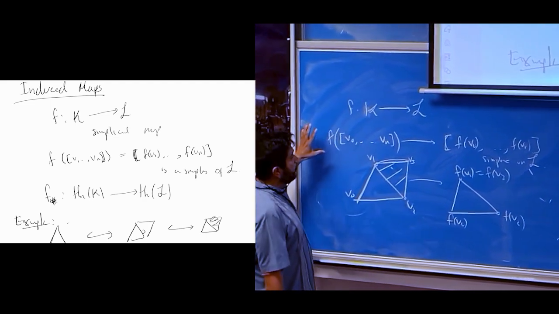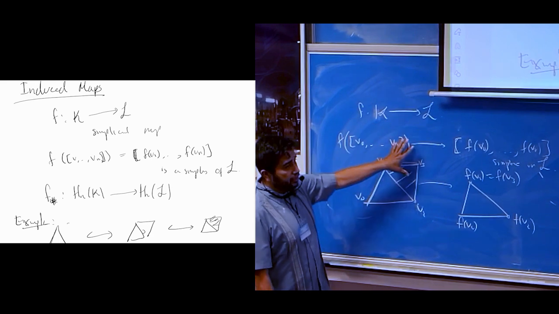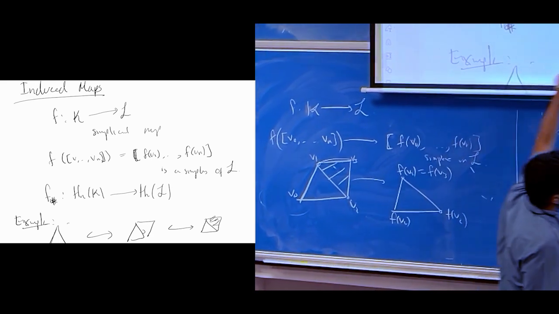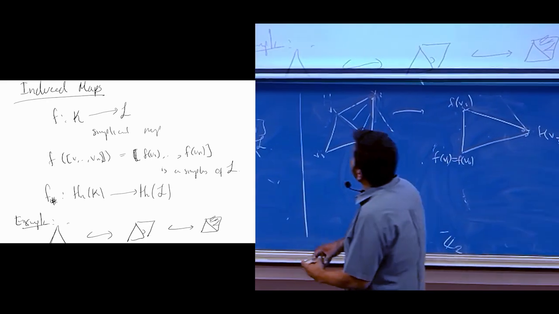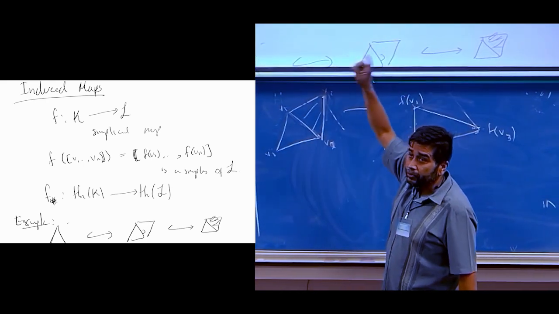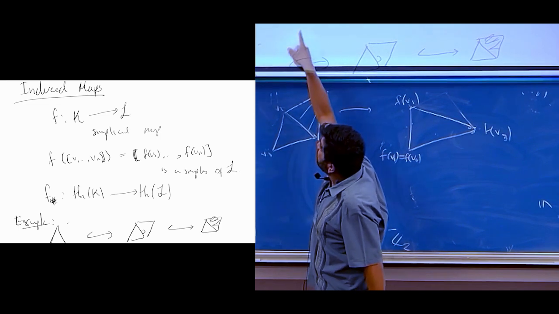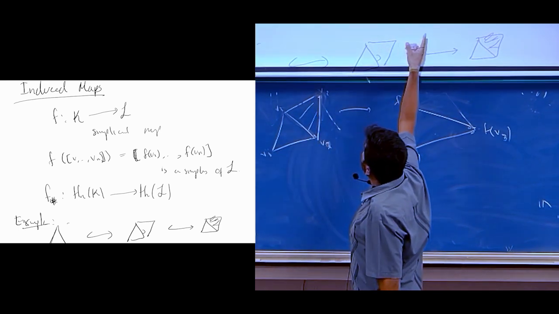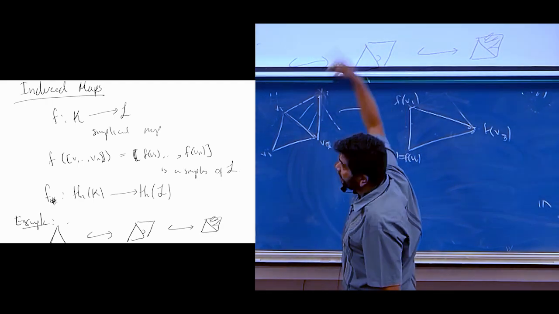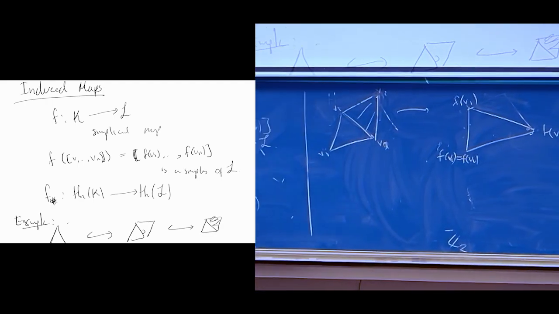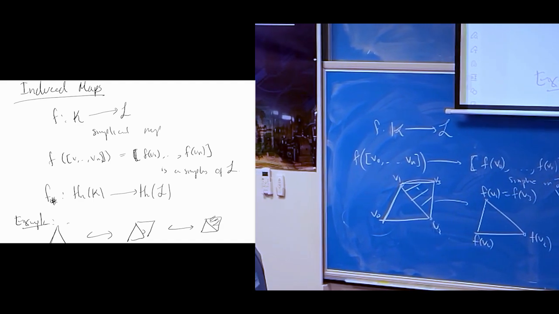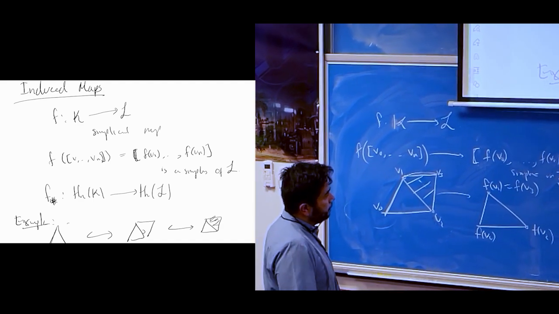If we assume that we have a function that induces a simplicial map, then that function defines a new function between the homologies, because simplices here are being mapped to simplices here. So an n-dimensional simplex is being mapped to another n-dimensional simplex here, and you can compute the homology. That kind of function induces a map between the homologies of simplicial complexes.